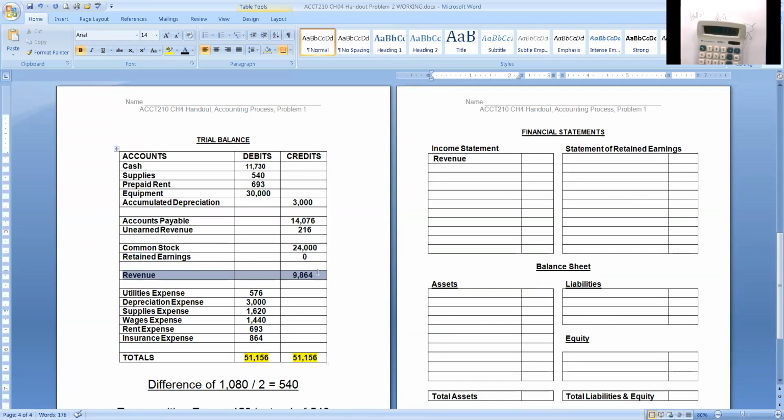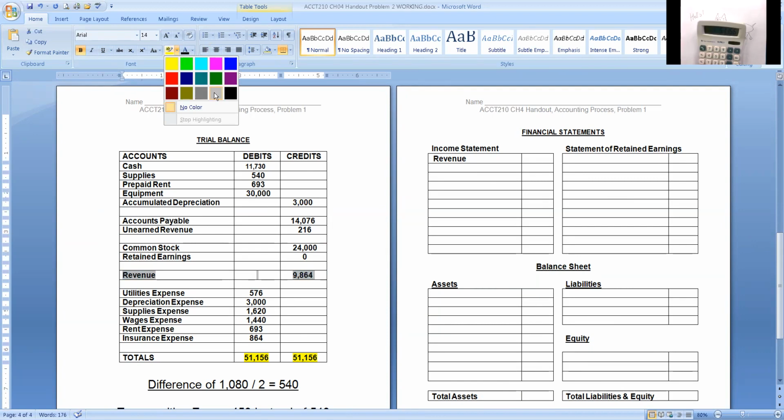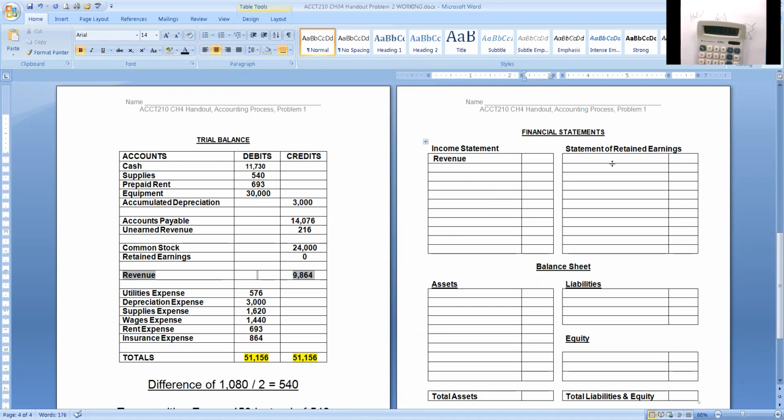Maybe I'll mark these as we go. Okay, so revenues, 9,864, and we subtract out our expenses. Copy that over if you want.